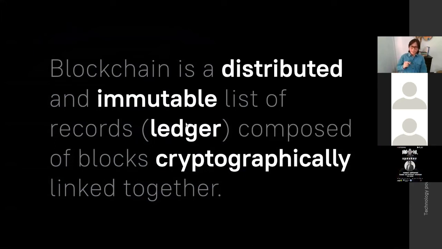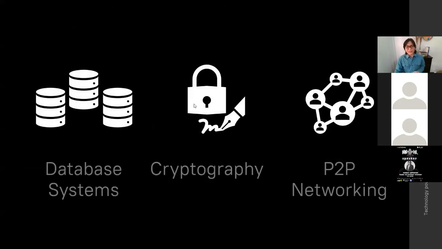You see, blockchain is composed of three technologies that have been around even before the internet was born. So first, you have database systems. And that's because blockchain, in essence, is a way to store data.